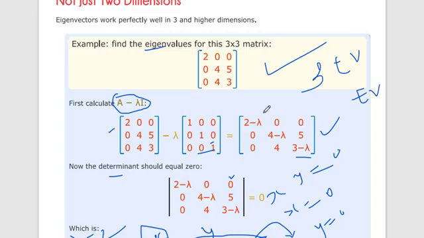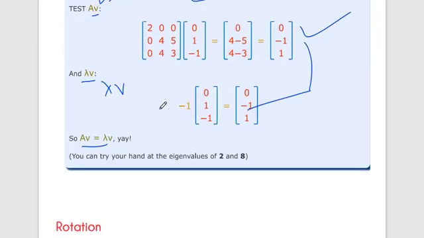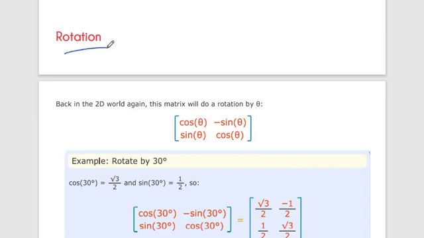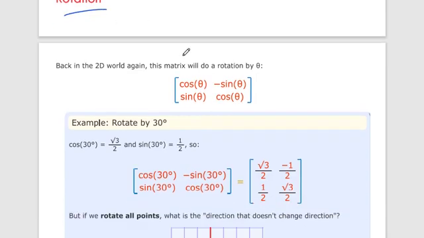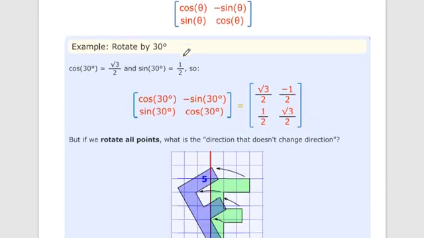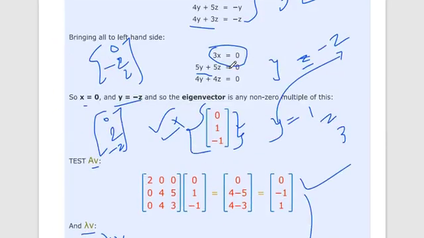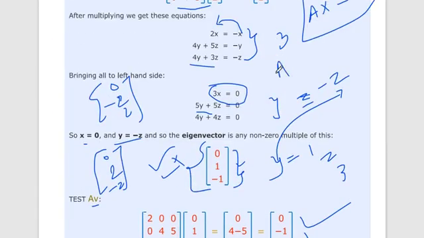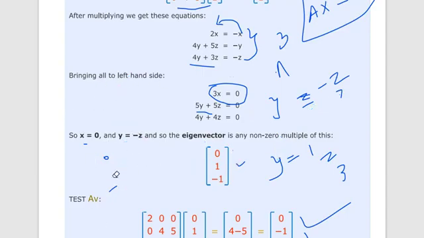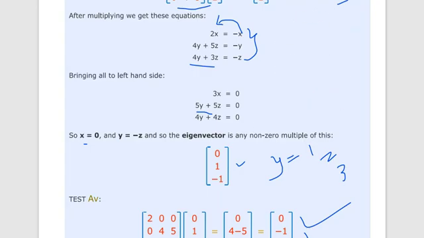Now let's take a different type of example: rotation. So how do we rotate? Eigenvector is a vector with Ax equal to lambda x. Here you can see that the vector has remained the same.